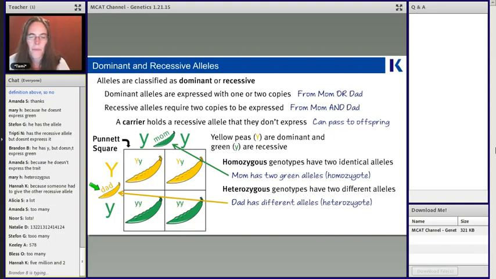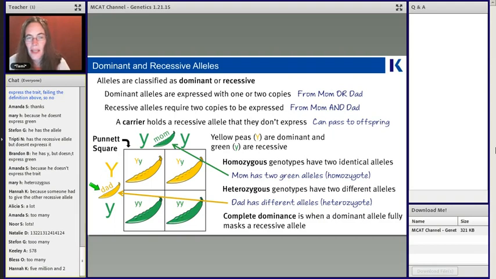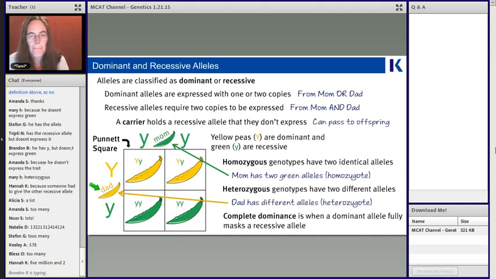Now, this is complete dominance because if the yellow allele is there, this is a yellow P, period. No changes. It fully masks the recessive. So of these offspring or potential offspring, how many of them are carriers?